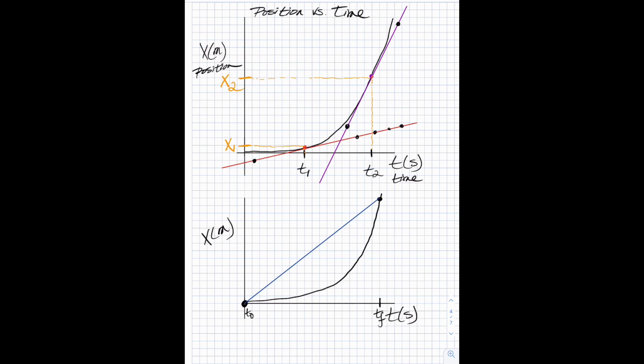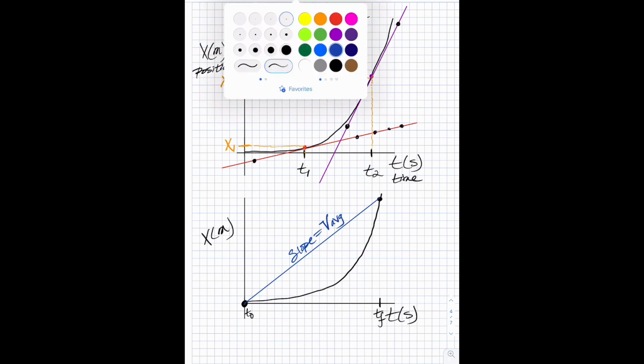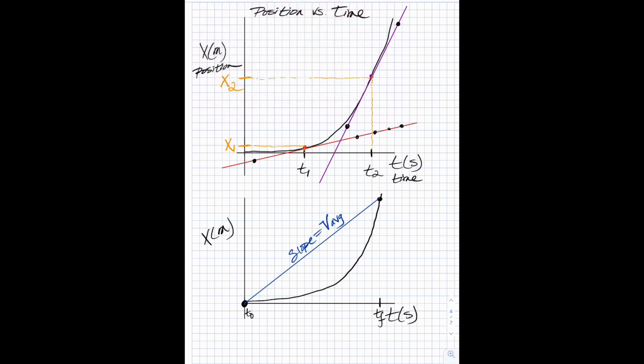So whereas if these curves are the same, let's pretend that both graphs are the same, this slope right here equals v average, whereas the red line has the slope that would be the instantaneous velocity for time 1.